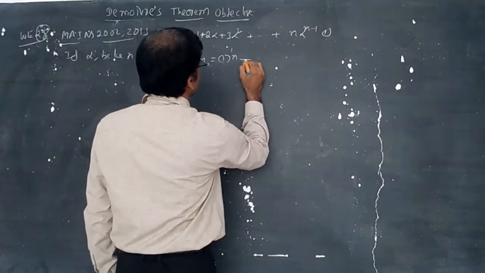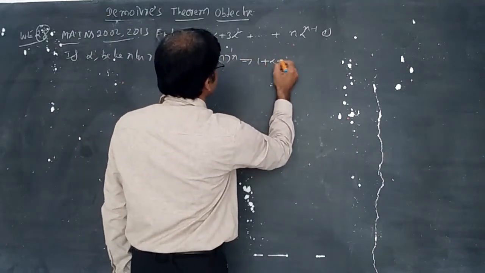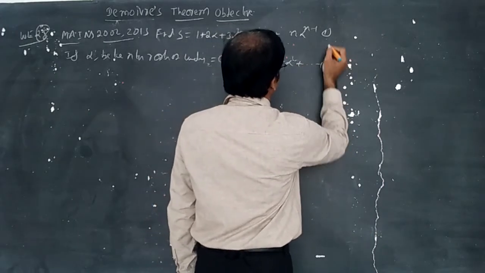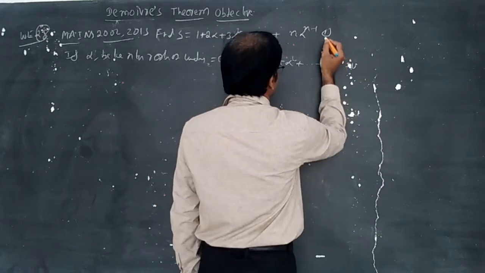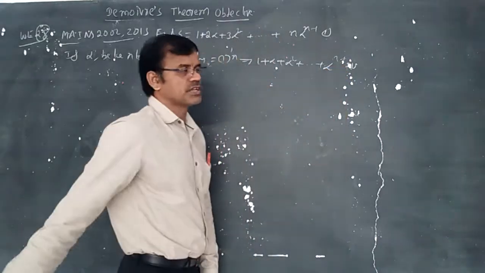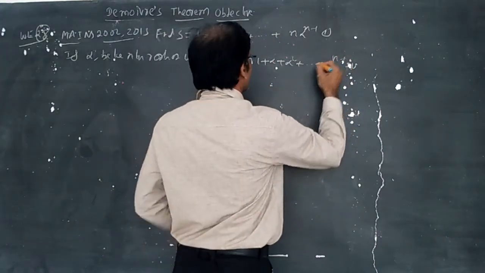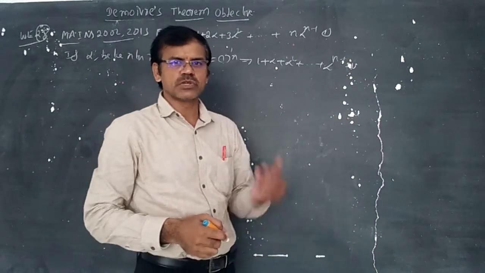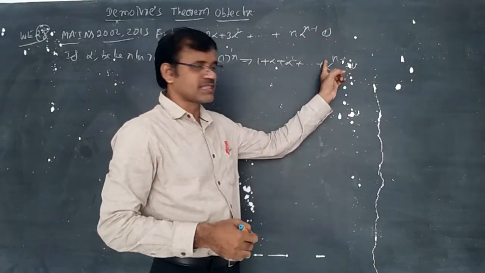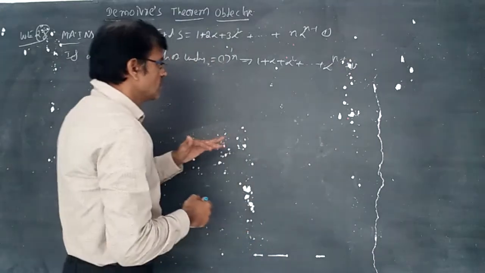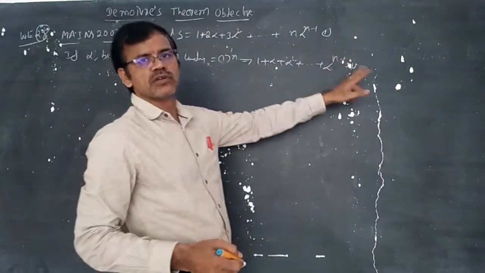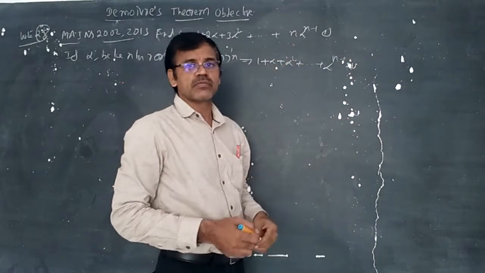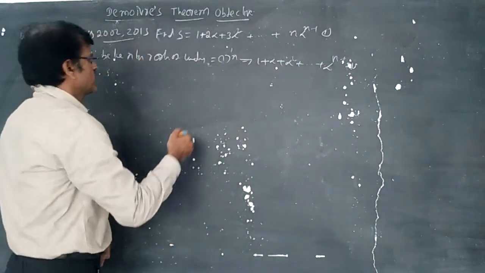The concept implies 1 plus alpha plus alpha square plus so on until alpha power n minus 1 is equal to 0. This is the sum of nth roots of unity concept. If you forget the formula, you can understand 1 plus omega plus omega square equal to 0. If 3 is there, you get omega square here; if 4 is there, you get power 3 here. Like that, if n roots are there, you get alpha power n minus 1.